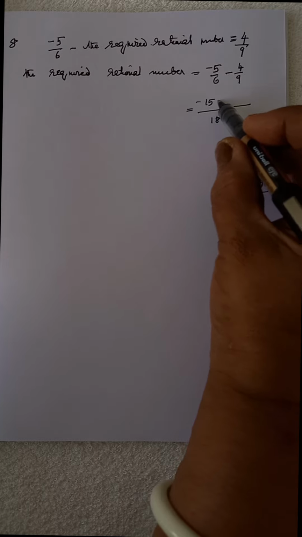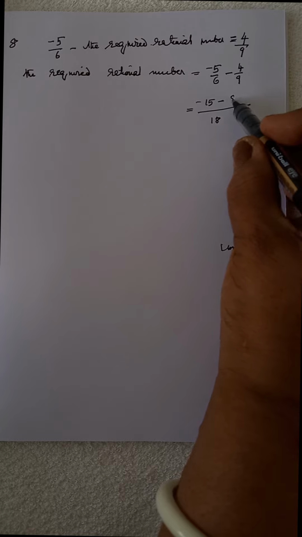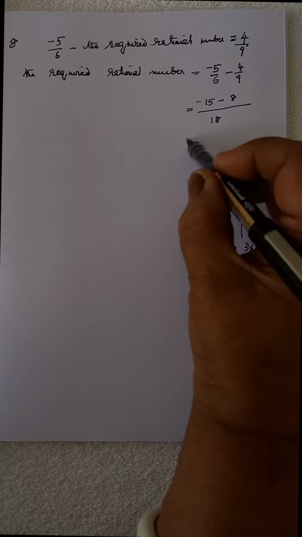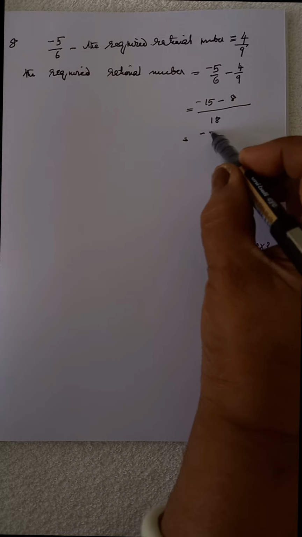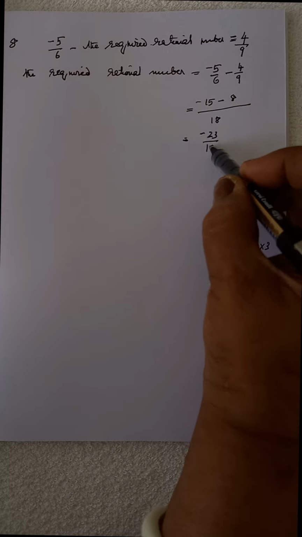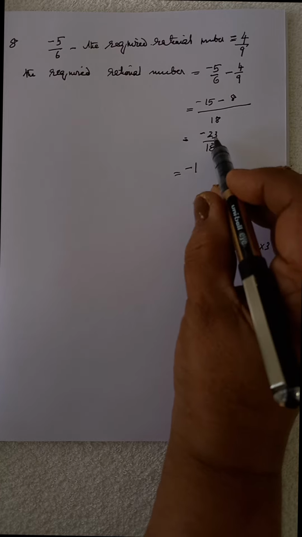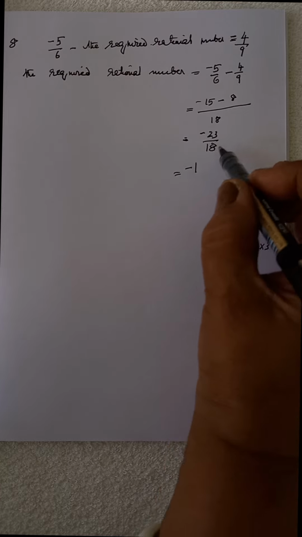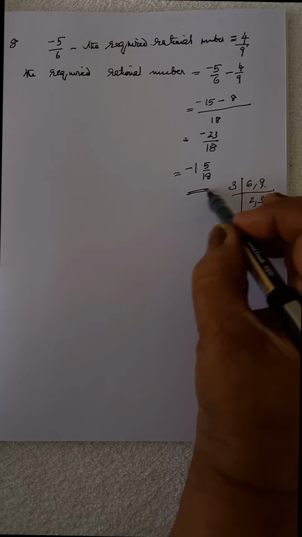Then minus and minus. 18 by 9 is 2, and 2 into 4 is 8. So, that is equal to minus 15 minus 8, that is minus 23 by 18. Now the answer is minus 1 and what is the balance? 23 minus 18 is 5, so 5 by 18. That is the answer.